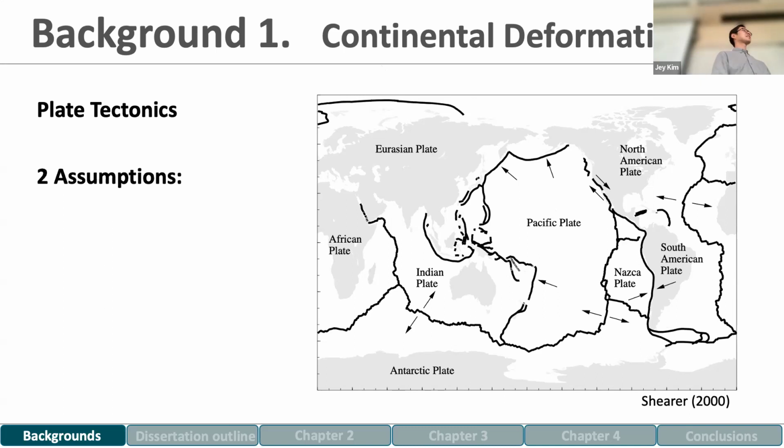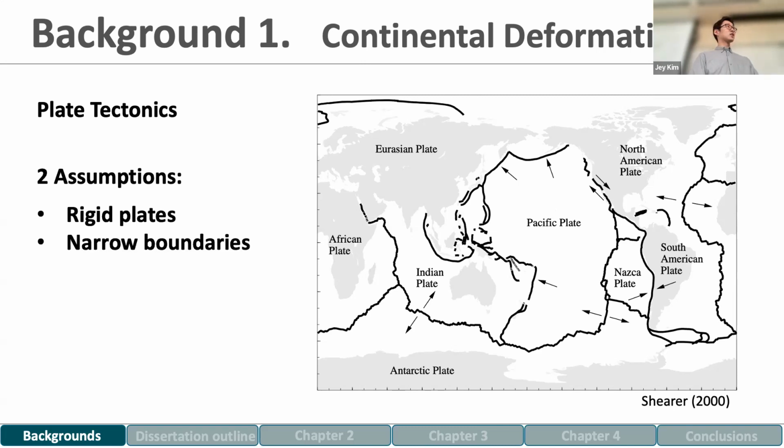This theory has two major assumptions. The first assumption is that all the plates are rigid, therefore there is no internal deformation. And all the strain is concentrated on narrow boundaries between plates.